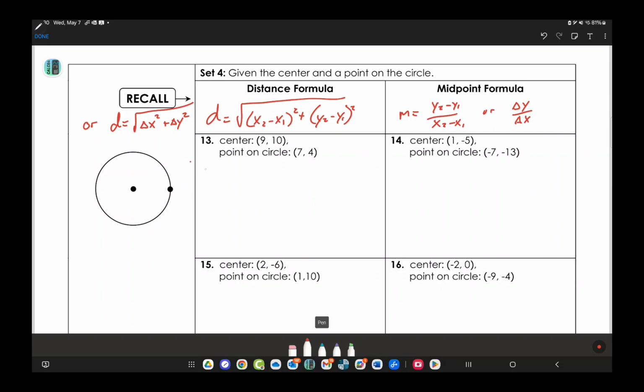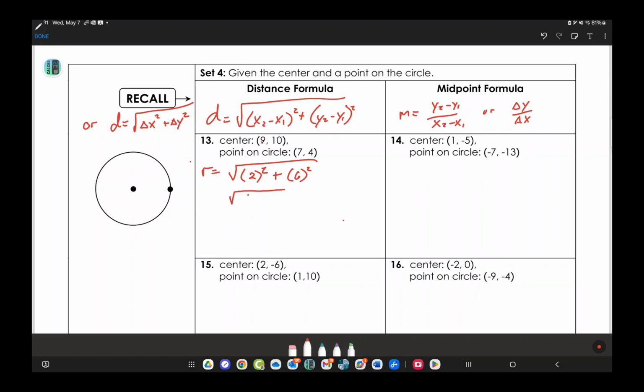So radius would be the square root. Let's set change in x from 9 to 7. Now, here's the thing. It doesn't matter if it's positive or negative, because you're going to square it anyway. It doesn't matter if it goes up 2, down 2, but we know the difference is 2. From 10 to 4, that's 6.